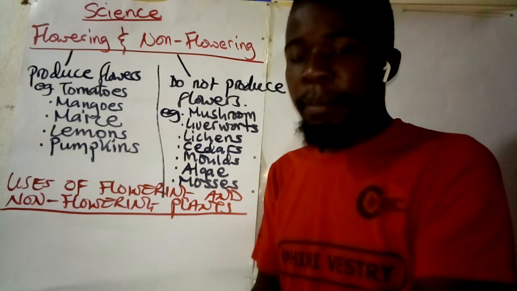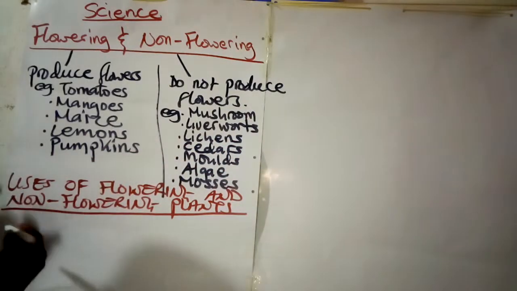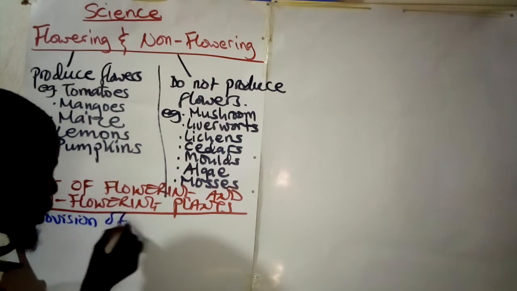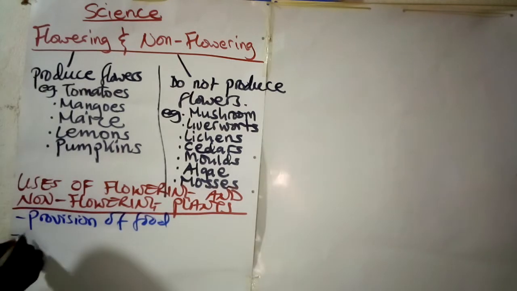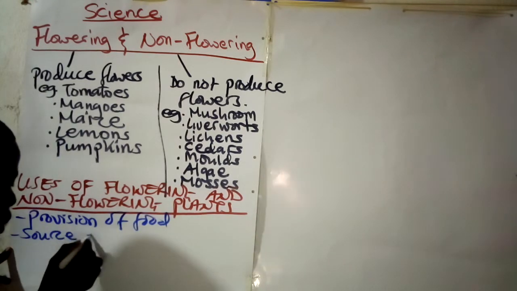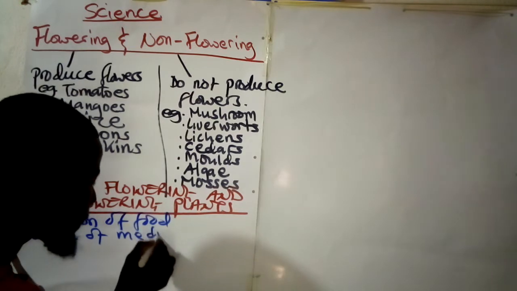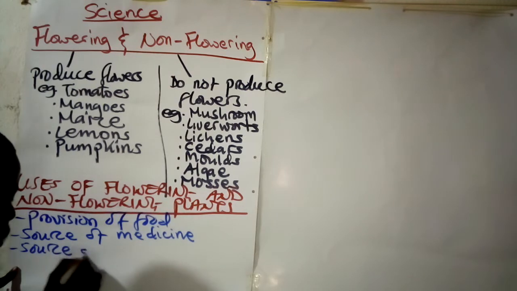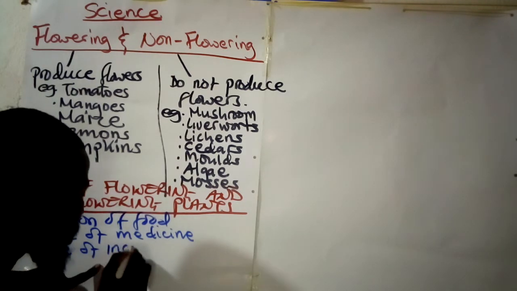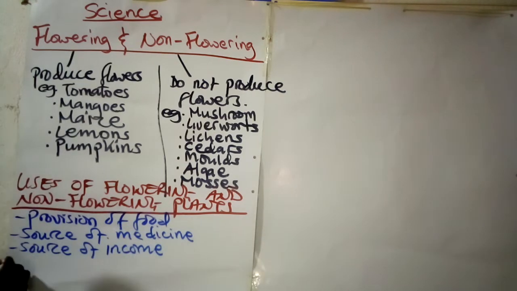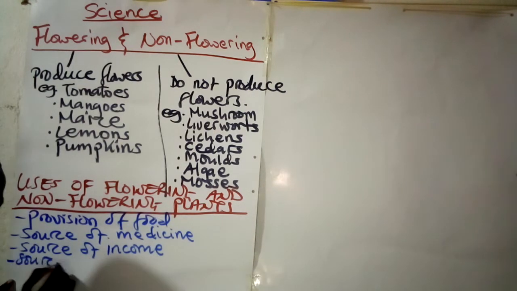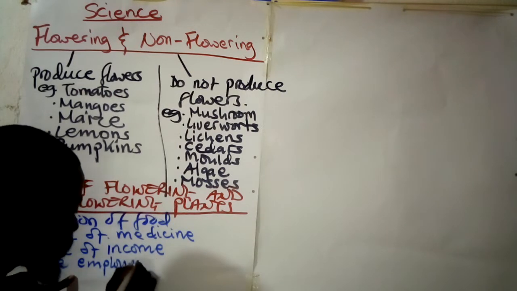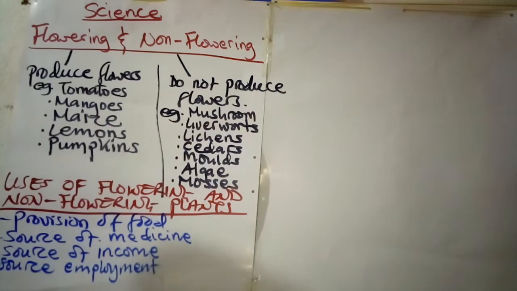I'll just write a few of them: provision of food, source of medicine, source of income, source of employment.